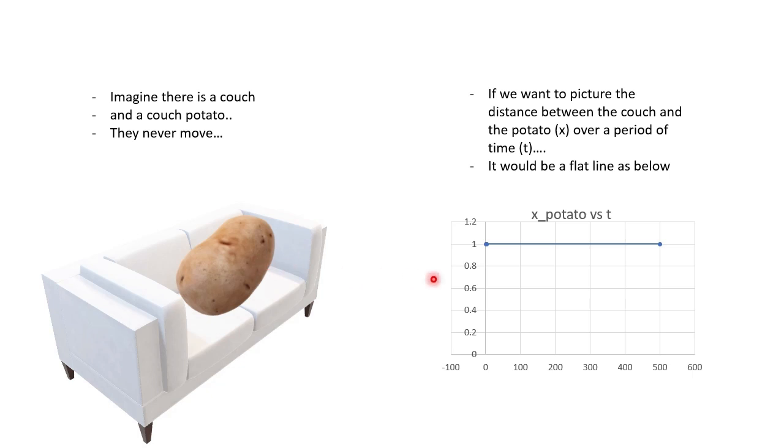So it's a very easy problem to solve. By the way, this x-axis is the time elapsed and this y-axis is the distance between two selected points, one on the couch and one on the potato. So this is just a flat line, right?